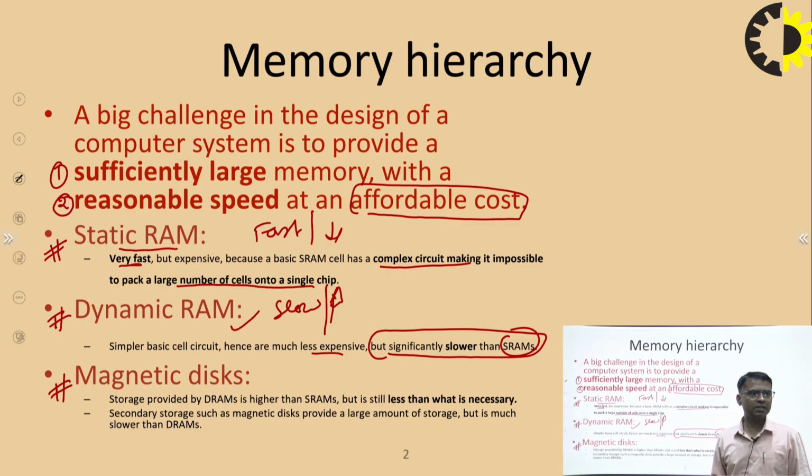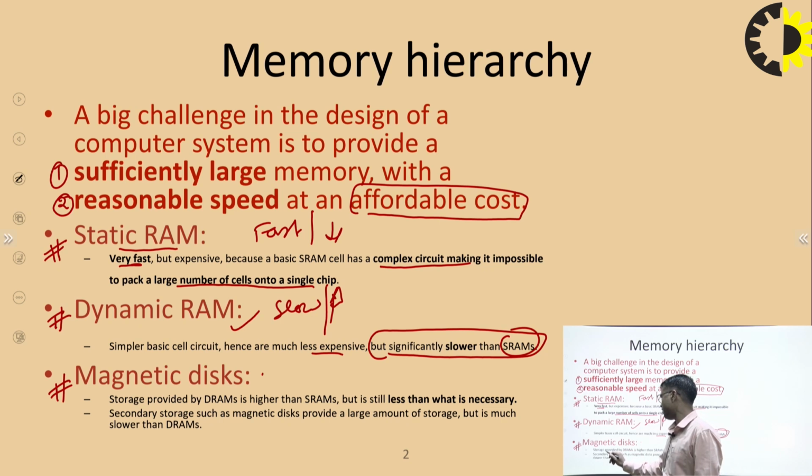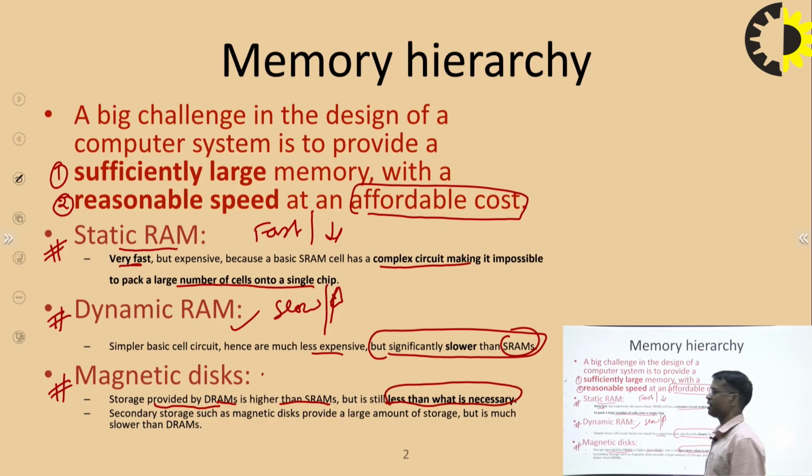Now, for large storage, we have the possibility to choose the magnetic disk also. If we compare storage devices with the magnetic disk, we can say the storage provided by DRAM is higher than SRAM, but it is still less than what is needed for any program.